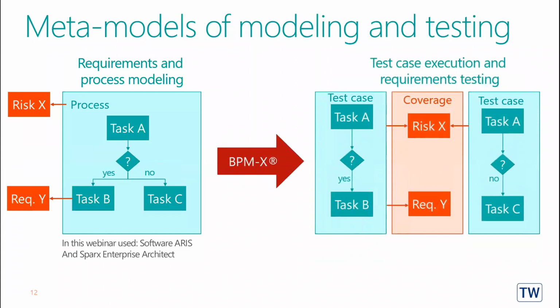Why? HP ALM does assignment on test case level. So there's not an assignment on a specific task, or it's called a test step in HP. The assignment every time happens on the test case level. This is the path through a specific model.